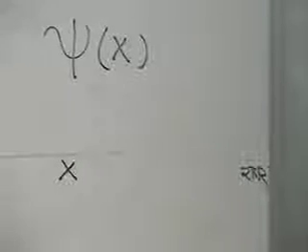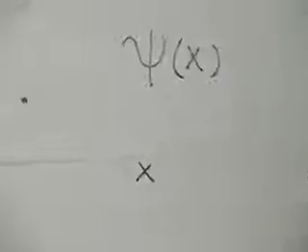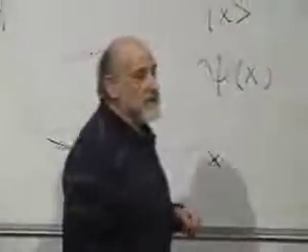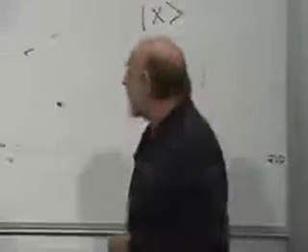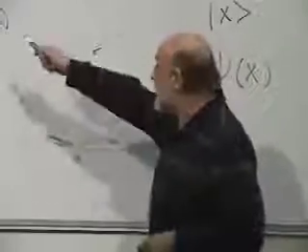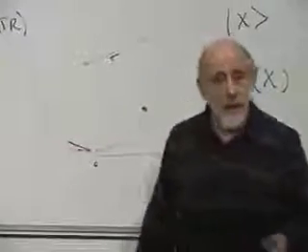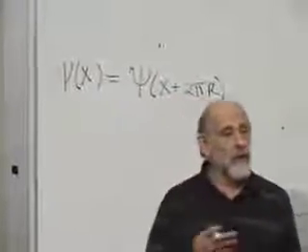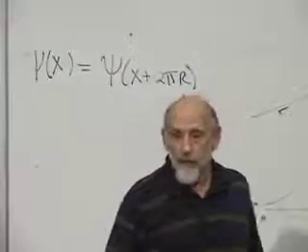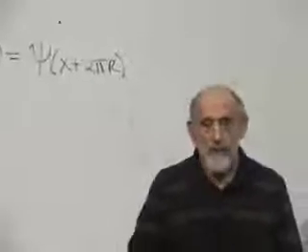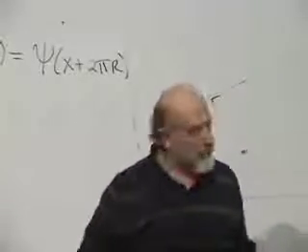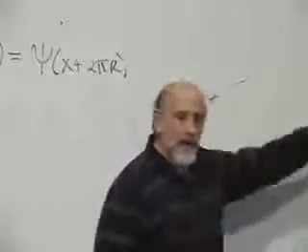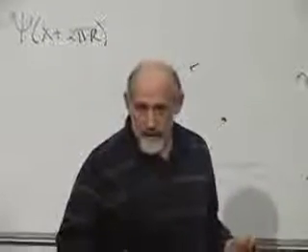Special class of functions. First question is, are they a vector space? The first thing you should think to yourself is, am I following the rules of quantum mechanics? Is this a vector space? Well, if we take a function which comes back to itself and we multiply it by a constant, any complex constant, it will still be a function which comes back to itself. A periodic function, when you multiply it by a constant, is still periodic.